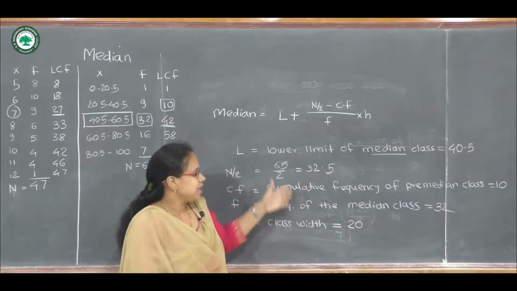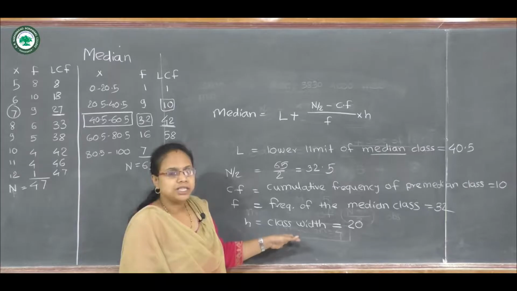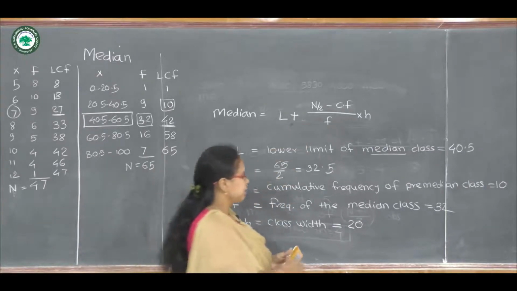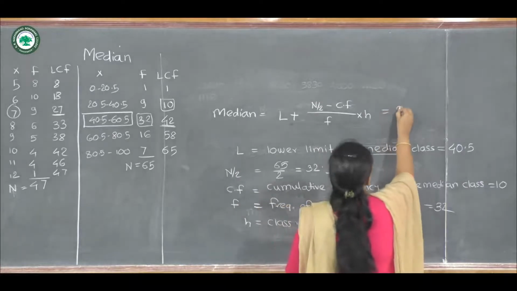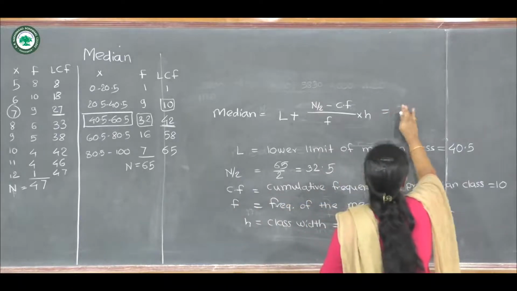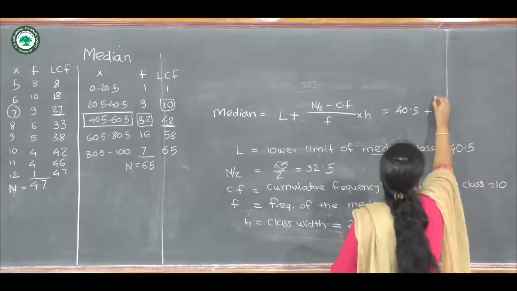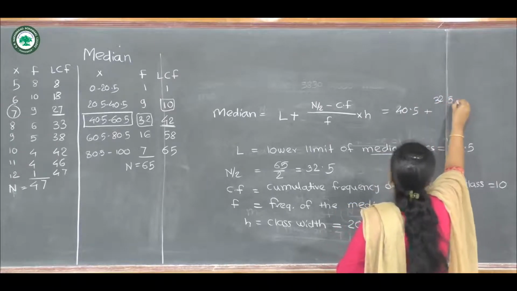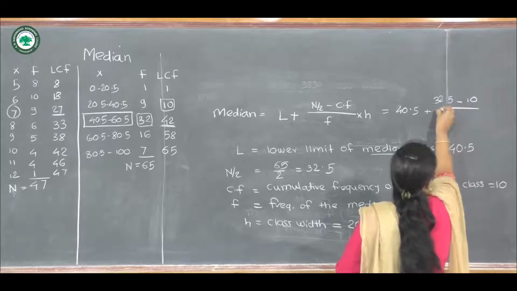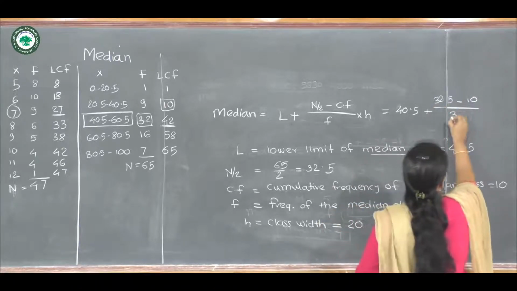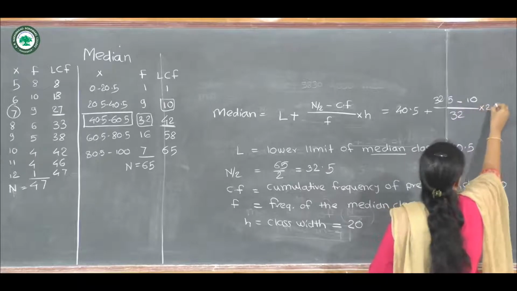In this way we can substitute all these values in the formula to get our median. So it is 40.5 plus (32.5 minus 10) divided by 32, into 20.